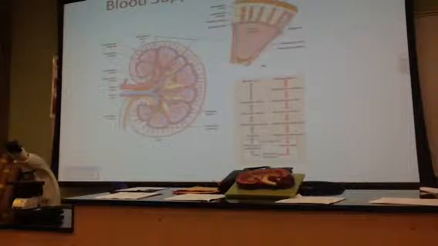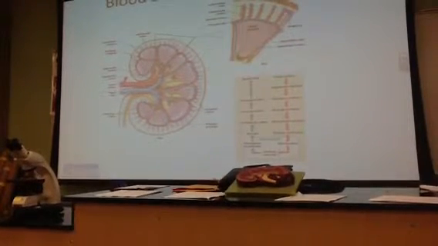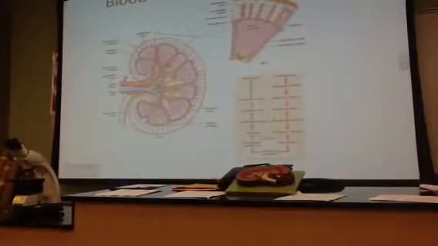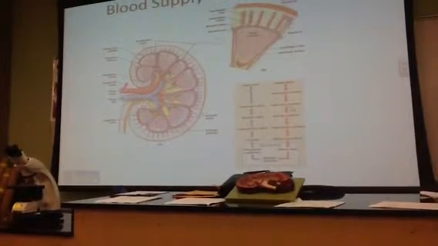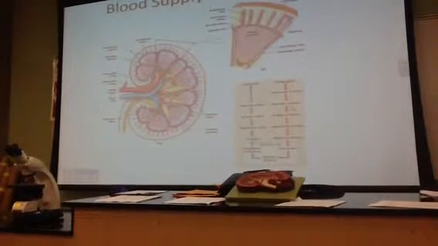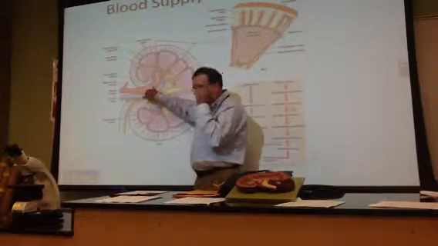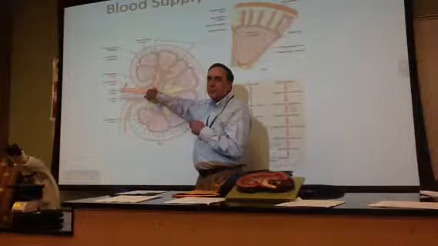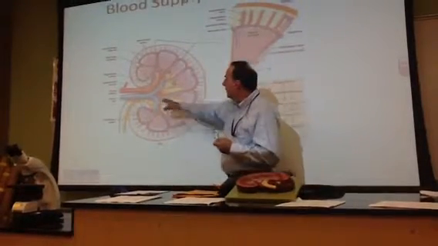The artery then splits and passes up in between the columns, where it's called the interlobular artery. Notice there's also a segmental artery, which he does not ask you to identify in the lab manual, but many textbooks have a segmental artery.